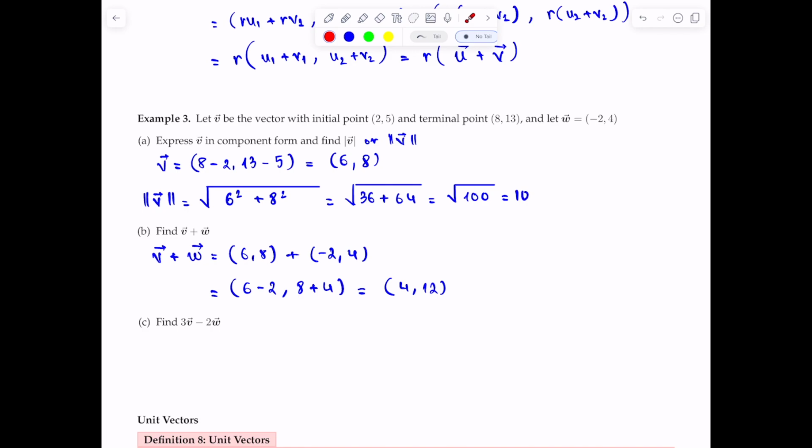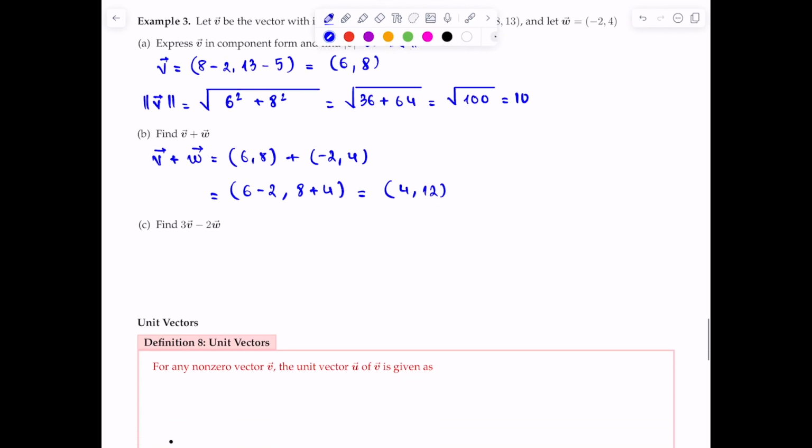In part C, you have both scalar multiplication and vector subtraction. So for 3v minus 2w, this is equal to 3 times 6, 8 minus 2 times w, which is negative 2, 4. First, you perform the scalar multiplication.